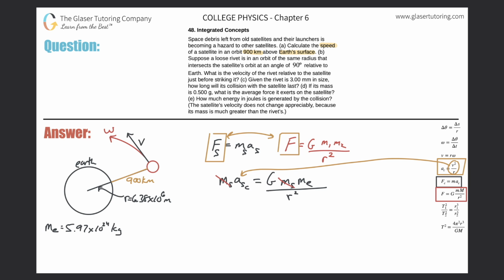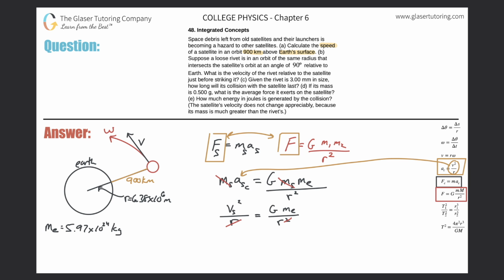Now let's rewrite this. The velocity of the satellite squared divided by the radius between the two objects is equal to the gravitational constant multiplied by the mass of the Earth, all divided by the radius squared. What happens to the radius? This cancels one of those.